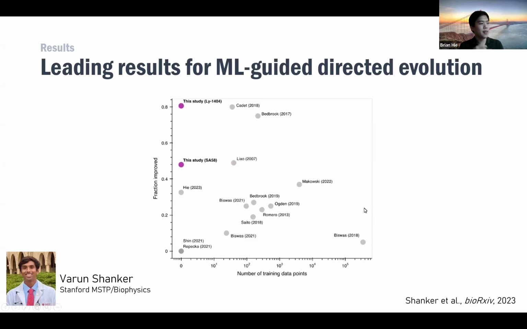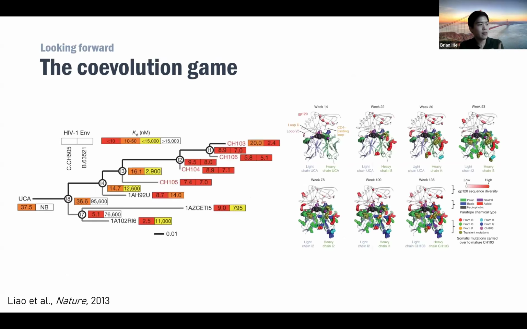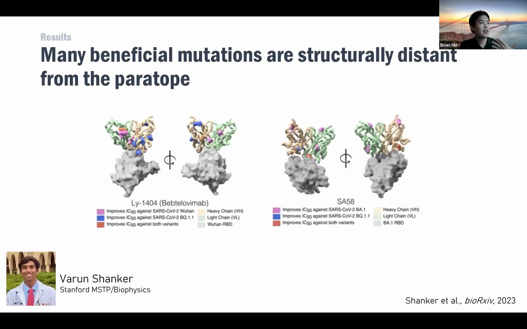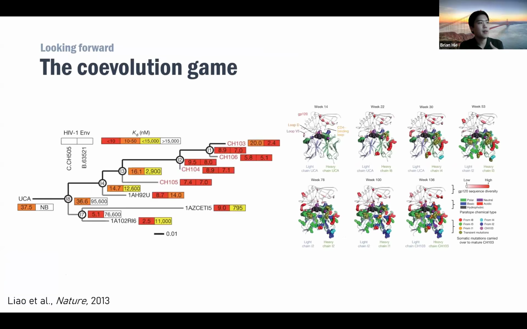Okay, so this concludes the research that I wanted to talk about. Looking forward, and we're moving in this direction with this paper, where we show that we can basically co-evolve the antibody with the antigen. But something I'm very interested in is potentially using better models of how antibodies and antigens bind to each other to maybe recapitulate some of the coevolutionary trajectories that we see in natural evolution.